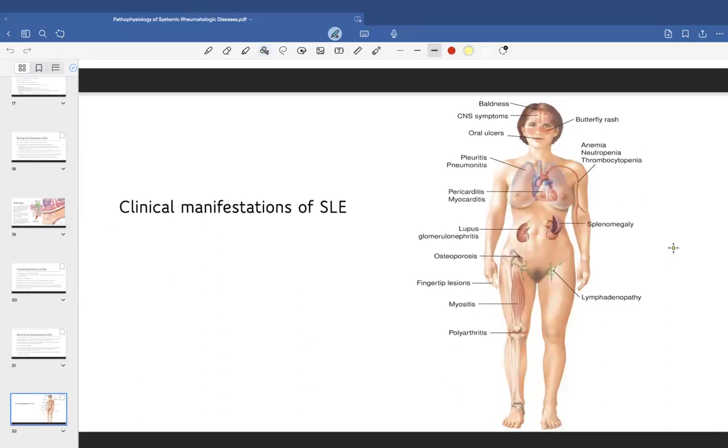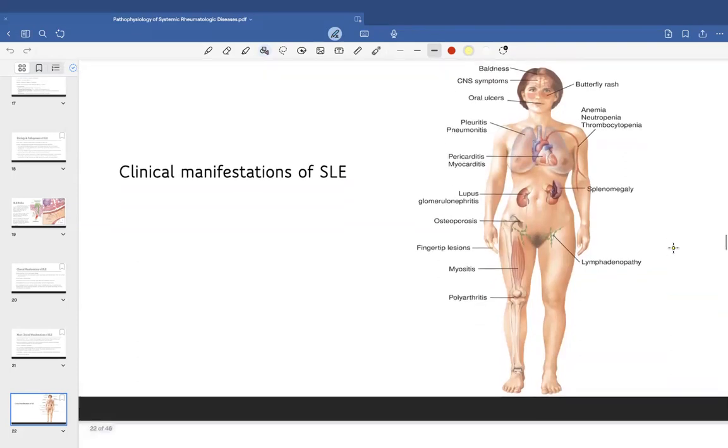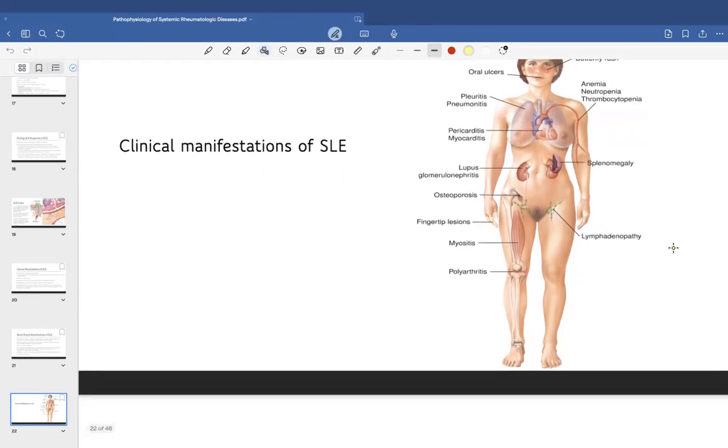Remember, it is B cell driven. B cells produce antibody. There are your two loci that have been identified. And so as far as diagnosis and treatment from a clinical perspective, you've got to run the whole rheumatologic workup and figure out which one it is.